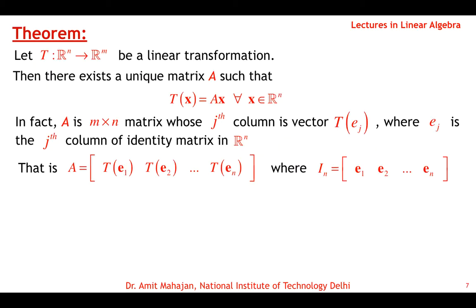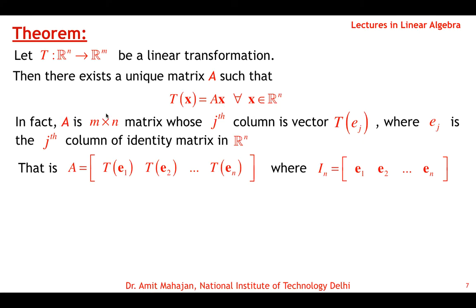Now I take one theorem which tells us how we can compute the matrix A of a transformation. This theorem says: let T be a linear transformation from Rn space to Rm space. Then there exists a unique matrix A such that T of x is equal to Ax for every x in the domain Rn.